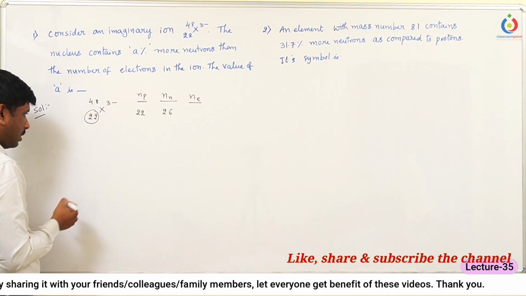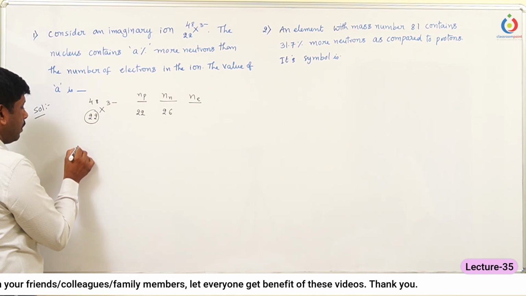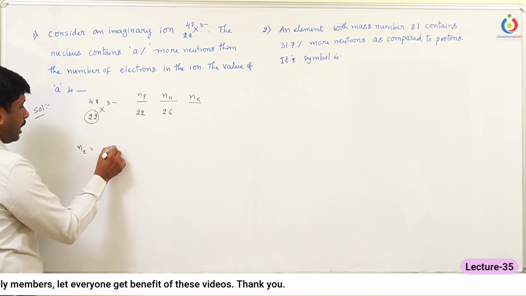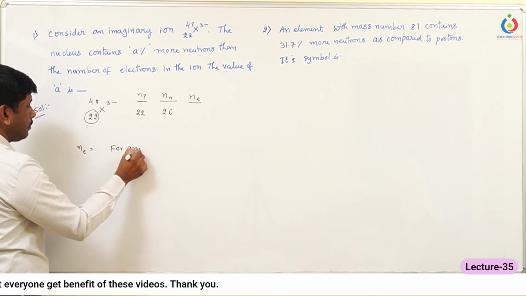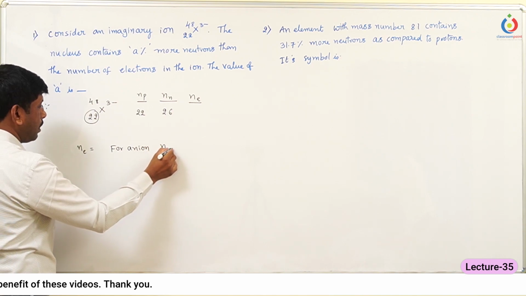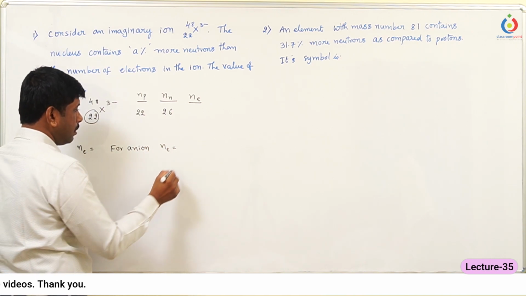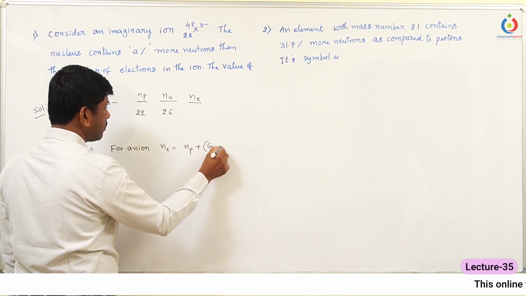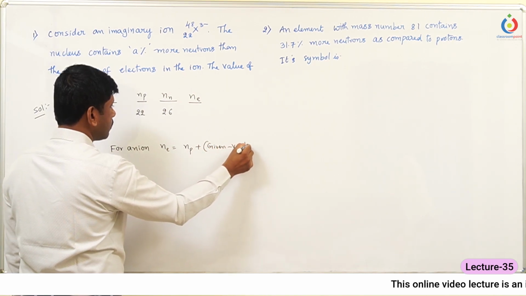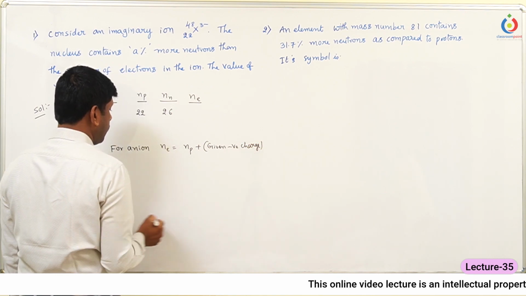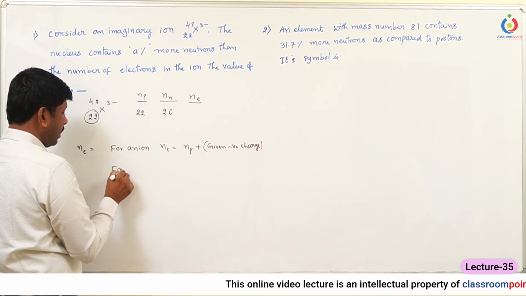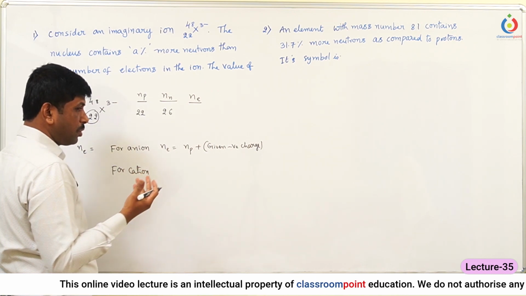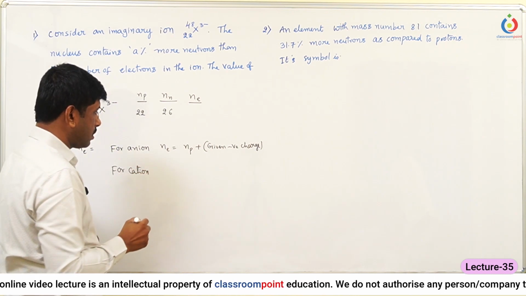So here we shall discuss a small point also: calculation of the number of electrons. For an anion, number of electrons equals number of protons plus the given negative charge. For a cation, meaning a positive ion, electrons are lost.